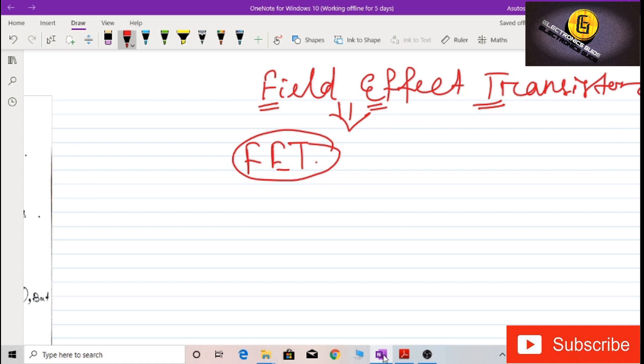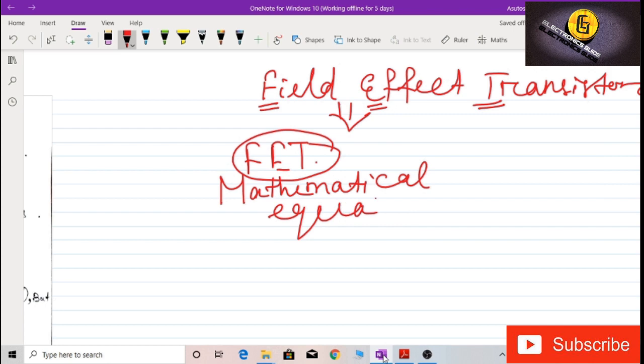In this session, we are going to deal with the definition of FET, its construction and working principle, its characteristics, and mathematical equations which will justify the behavior of this device.